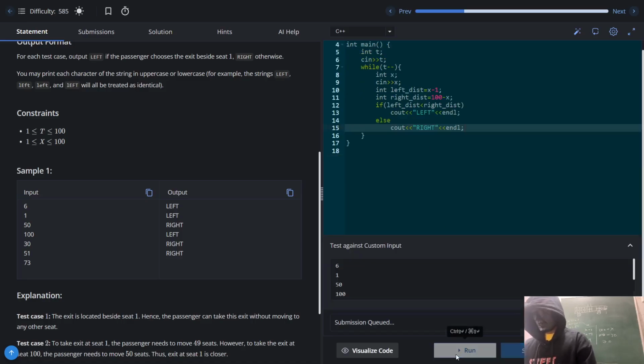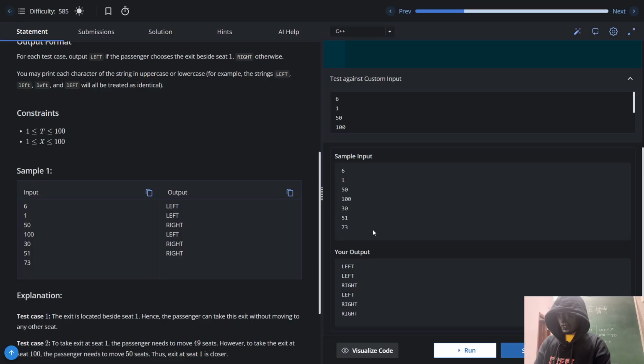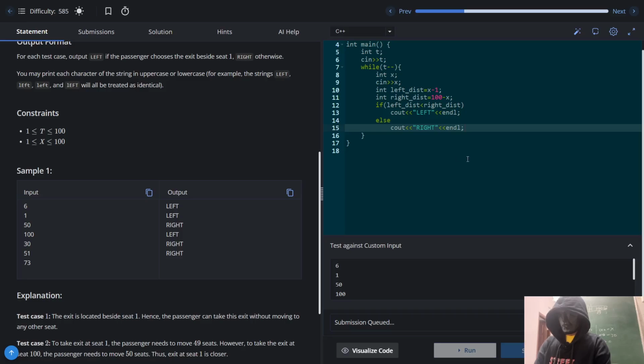Let's try to run the code. As you're seeing, the output is left, right, left, right, right, left, right. Let's try to submit the code.